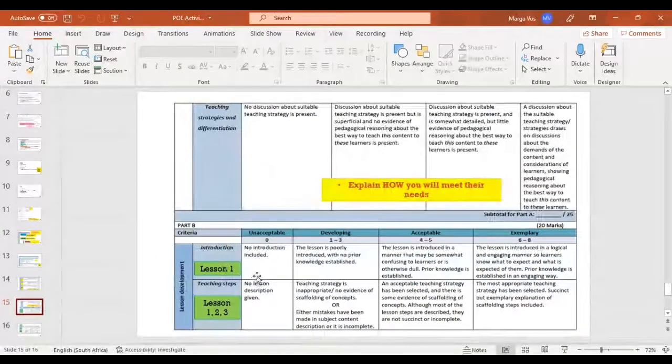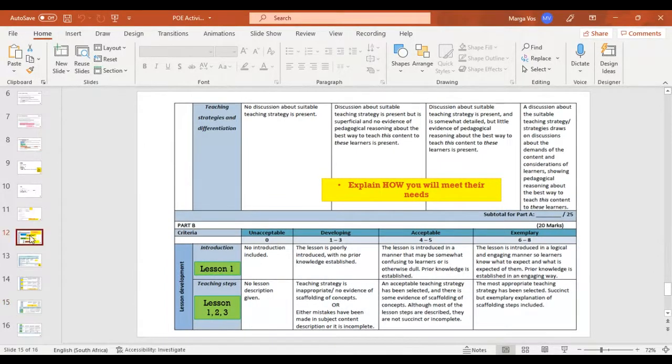So people, the most important thing is that I should be able to see in each of the 3 lessons how you as the teacher differentiate your lesson, your teaching, not only in the activities that they do, but how you differentiate your lesson as a teacher.